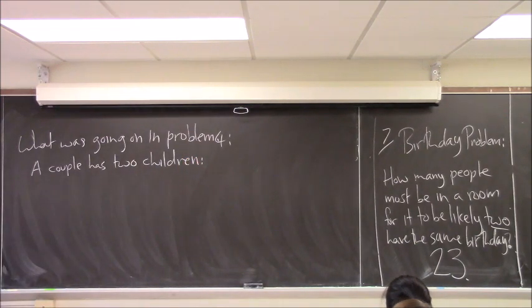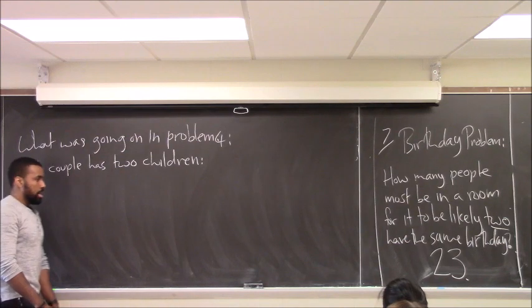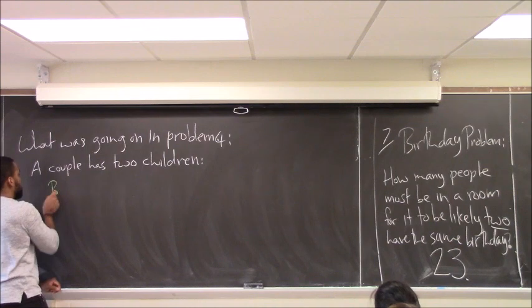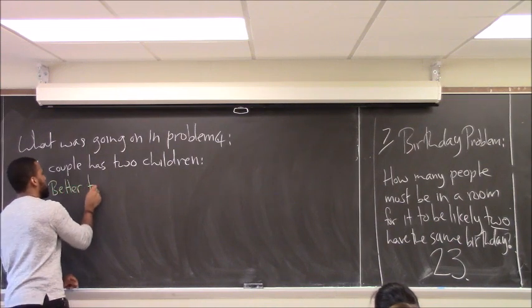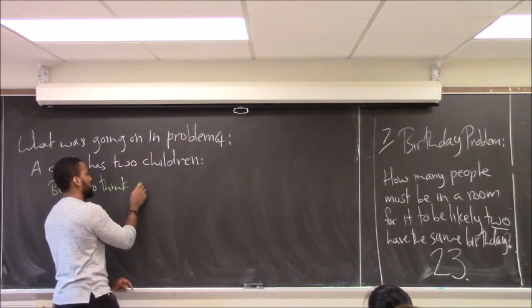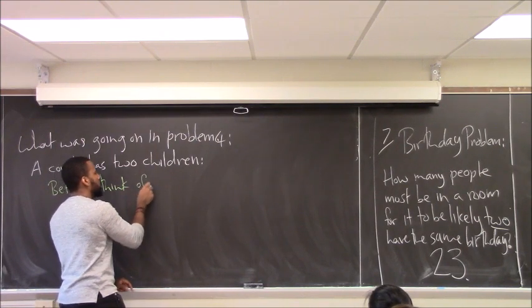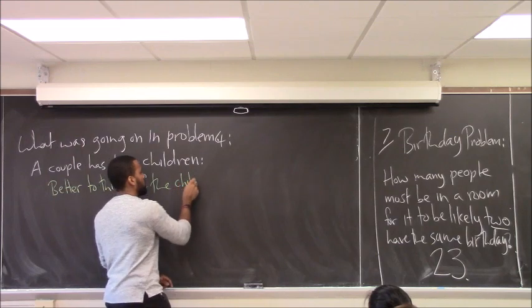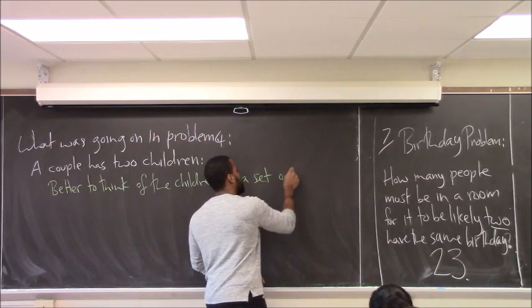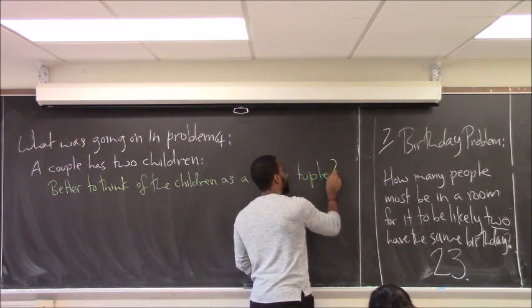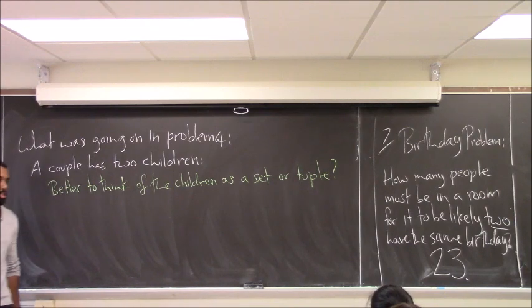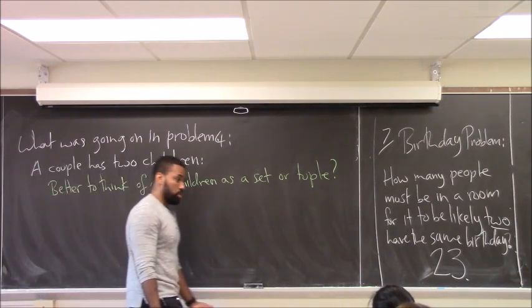This is a question that I've asked before, but it's going to put you on to the answer. Is it better to think of the children as a set or a tuple? Would you think that this couple has a set of children, or a tuple of children?